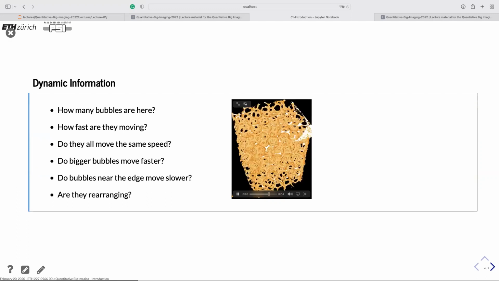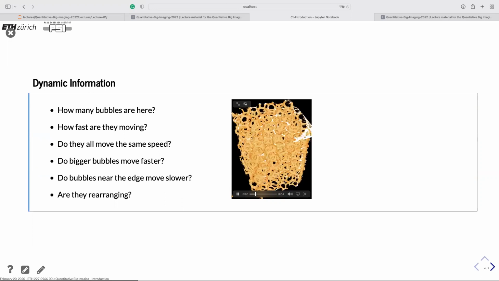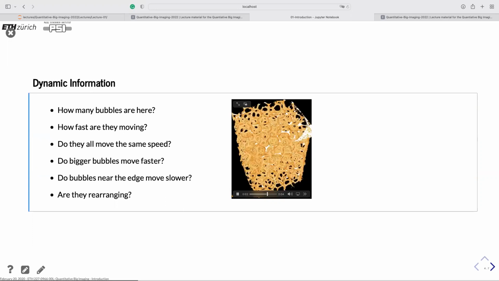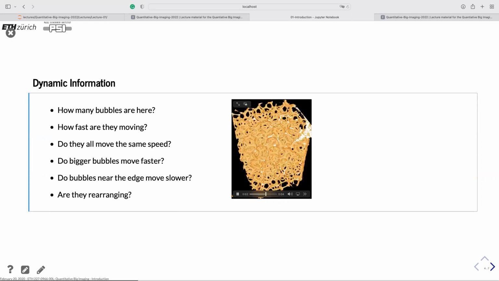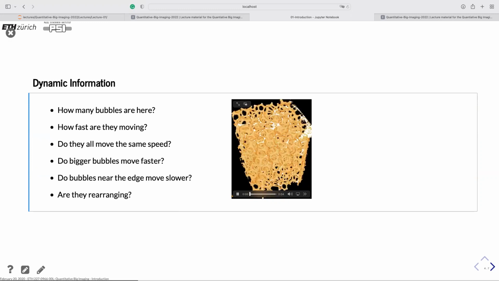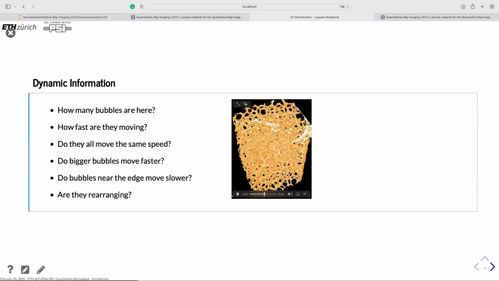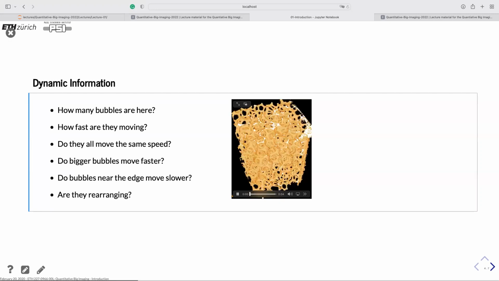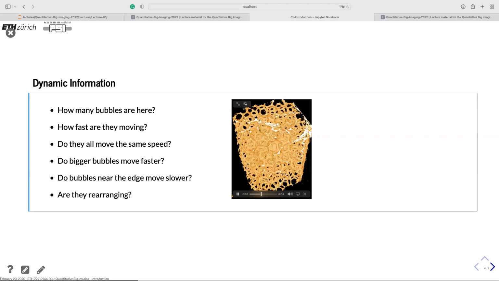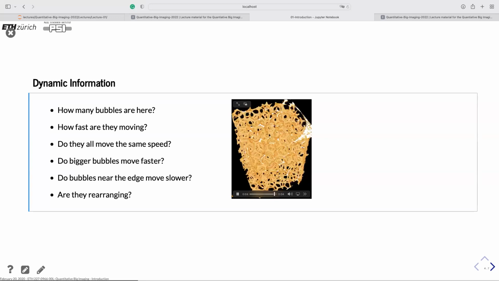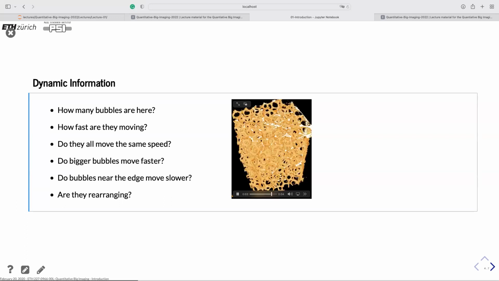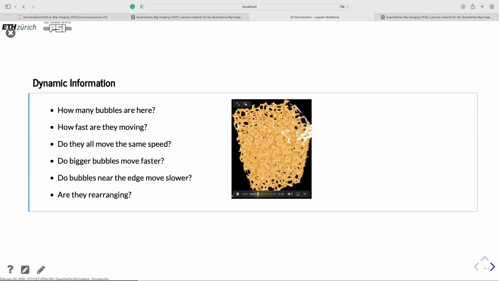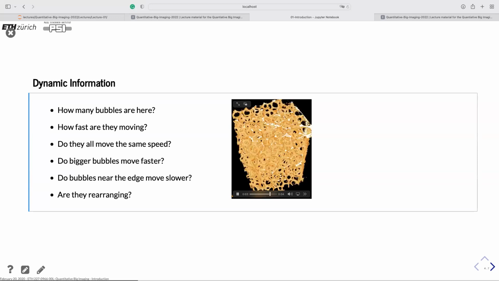Do all bubbles move at the same speed? Maybe at the walls, they have a different speed than in the middle. And the other question would be, do the bigger bubbles move faster than small ones, or the opposite? And do the bubbles rearrange, or maybe even merge? That's information that you want to know maybe about this sample.